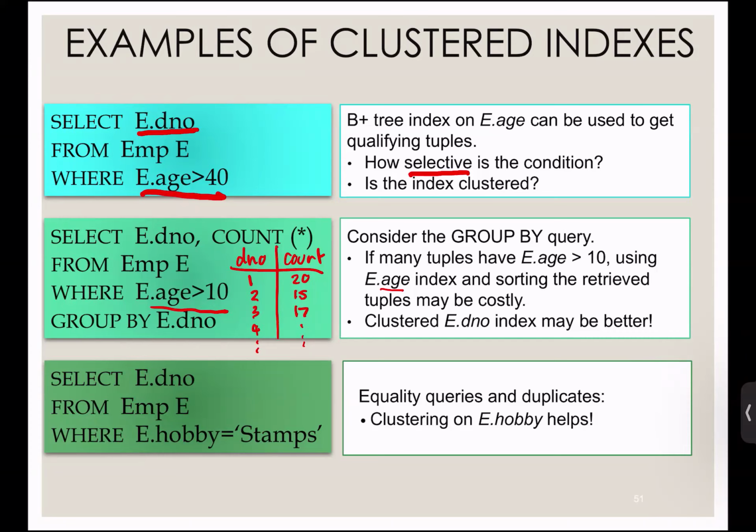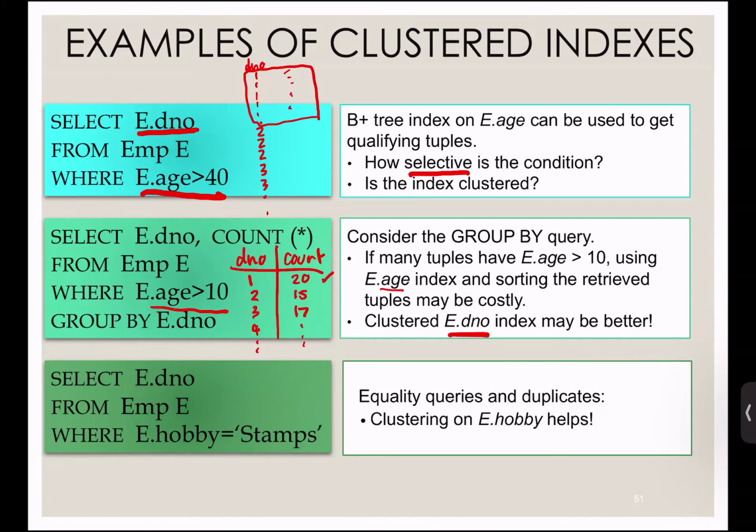But if I do the index on DNO, that's probably much, much better. Why? Because if I order everybody by DNO, I have DNO 1, 1, 1, 1, 1, 1, 1, 2, 2, 2, 2, 2, 3, 3, 3, and so on. So if I want DNO 1 and count, I can just go directly to the block of people whose DNO is 1, and then I can count them.